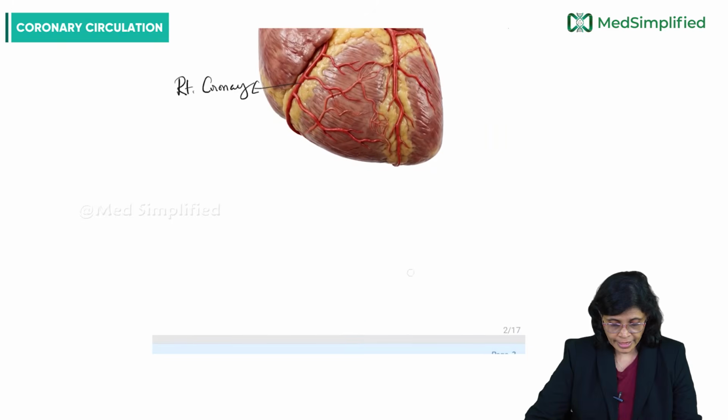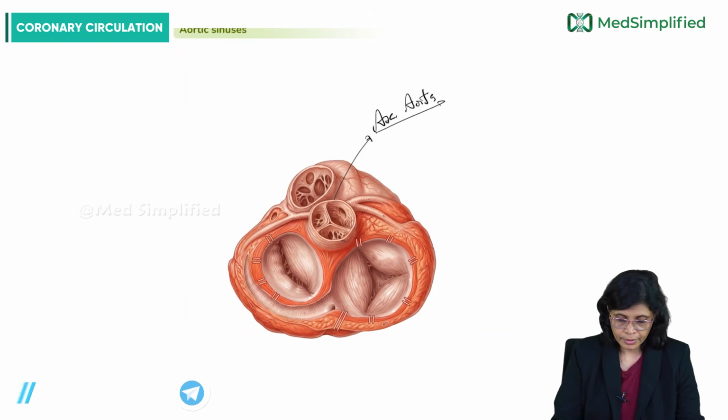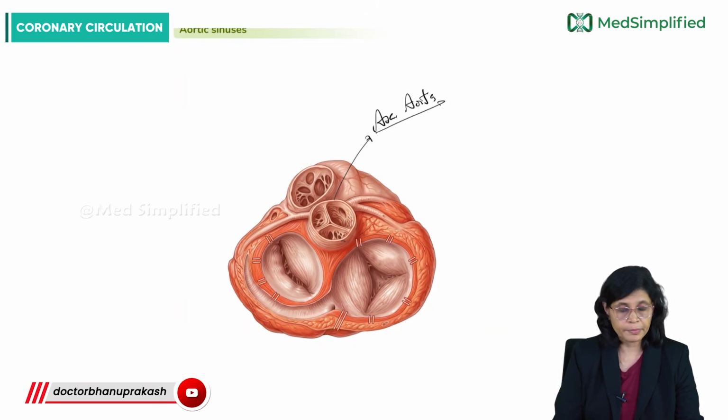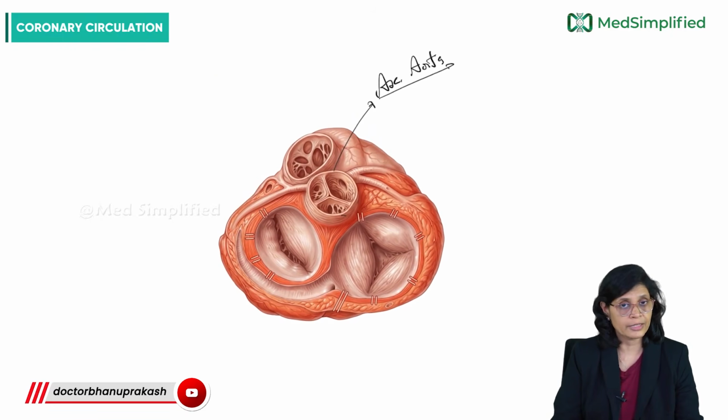So here, if you see, this is the ascending aorta. This is the pulmonary trunk here. So this ascending aorta will have three openings. Three sinuses we call them, and those sinuses are also known as the sinuses of Valsalva.